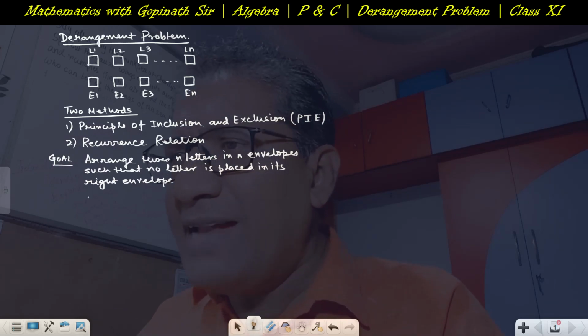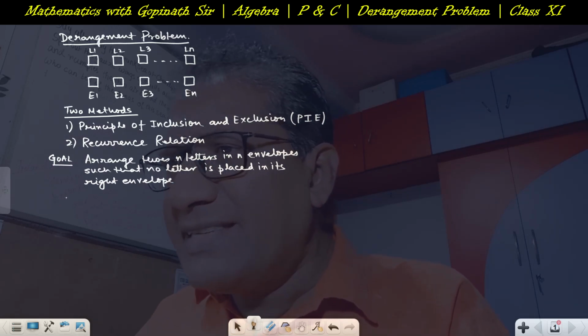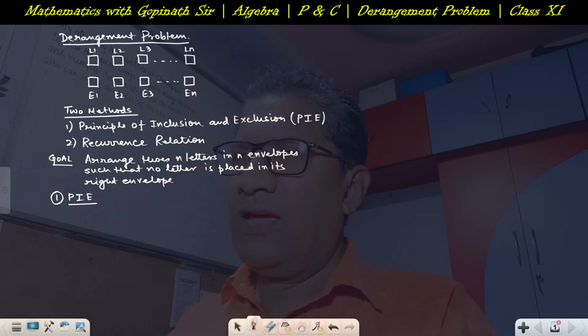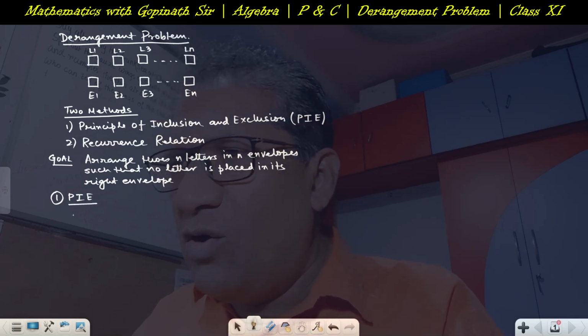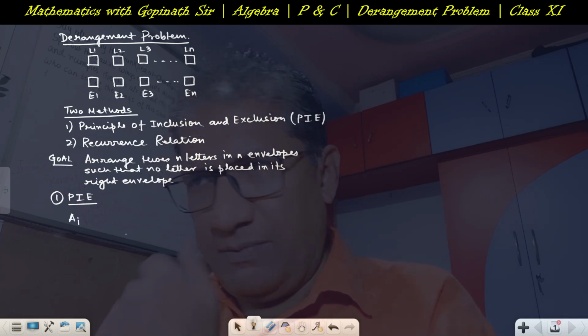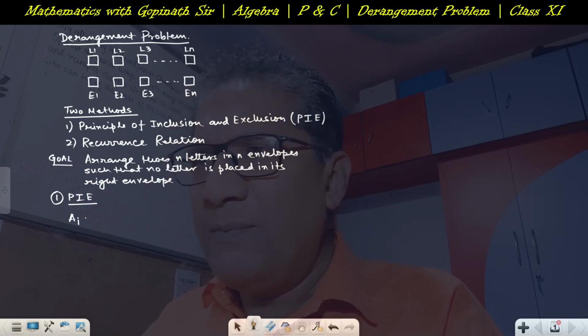So how to do that? Let us say I am doing it by the first method, which is the principle of inclusion and exclusion. Let me denote Ai. What is Ai?